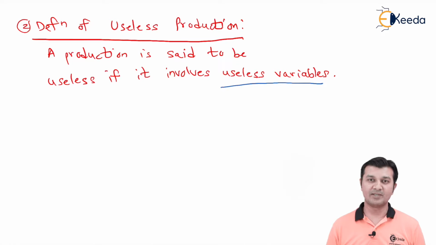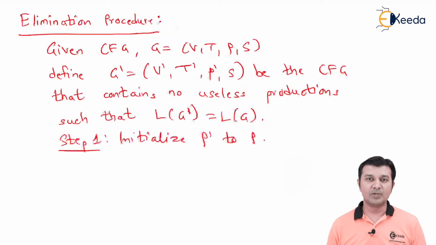Now for solving that example, we should know how to eliminate a useless variable or a useless production, and the procedure is as we have in front of us.